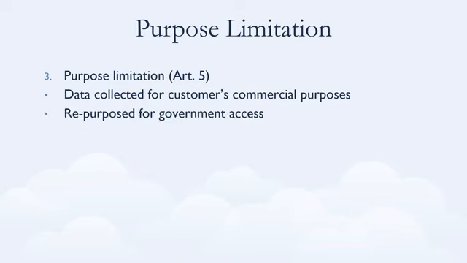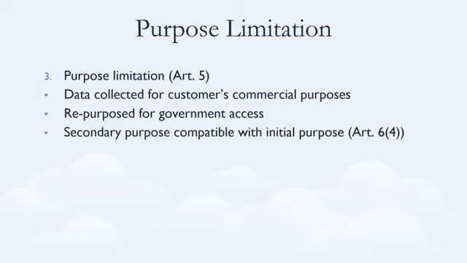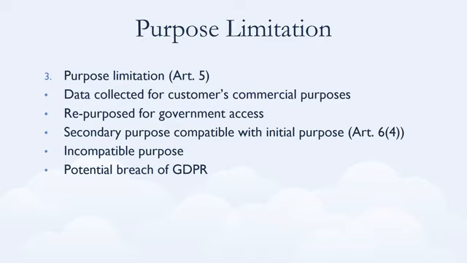And the cloud provider is now effectively repurposing those data in order to provide access to the US government. And so there's a question whether that is potentially a secondary purpose compatible with the initial purpose under Article 6.4, or whether what we're looking at is processing for an incompatible purpose, in which case we would see a breach of the purpose limitation principle under the GDPR.